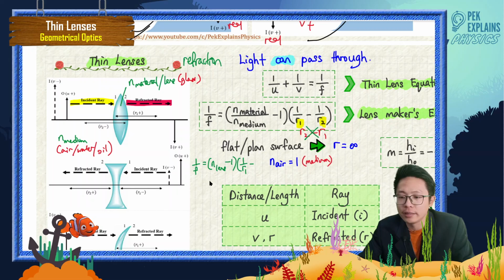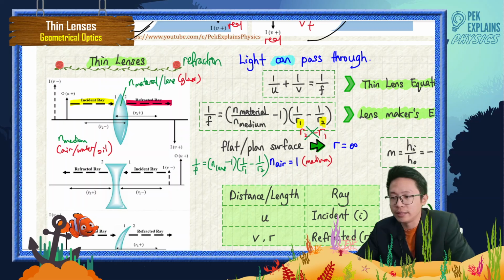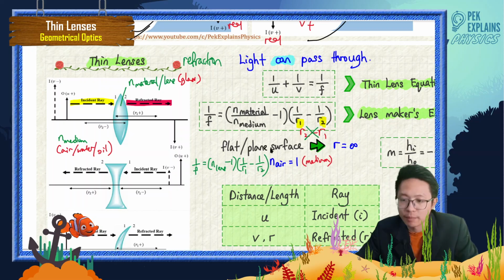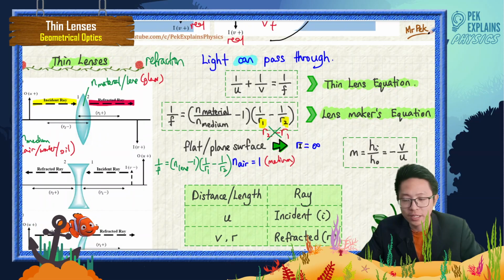Because the medium is air already, n equals 1. And if a surface is flat, a plane surface, the radius is infinity.